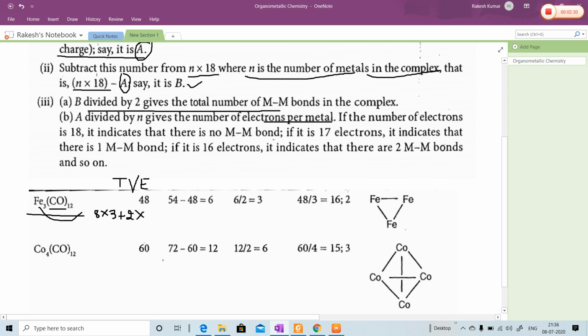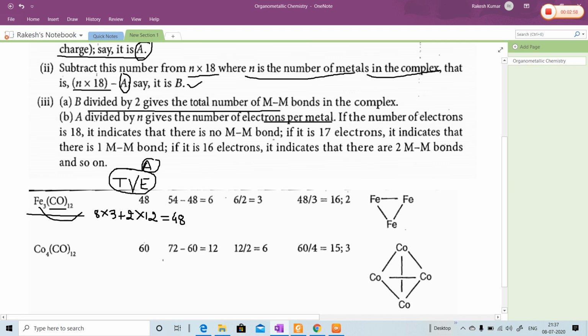There are a total of 12 carbonyl molecules, so 2 into 12, and in this way we will get 48 valence electrons, and this is the total valence electron in case of Fe3CO12. So this is the first step, A.